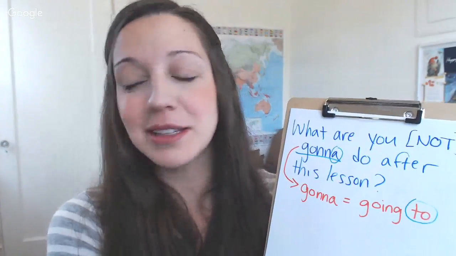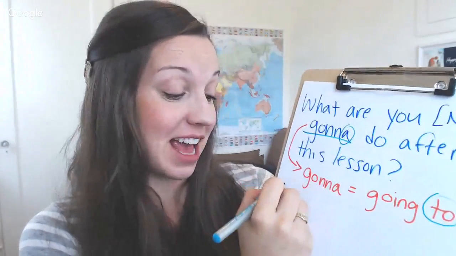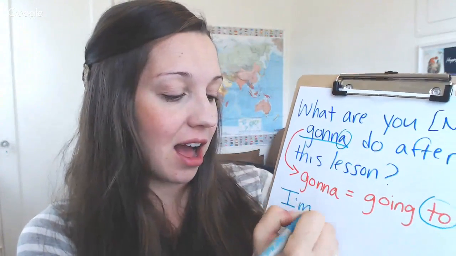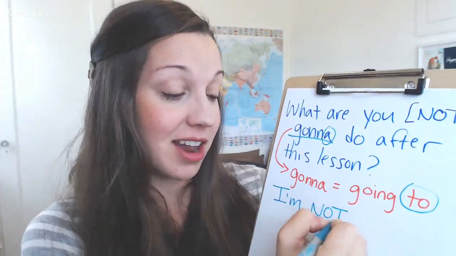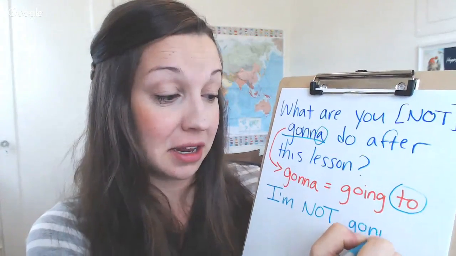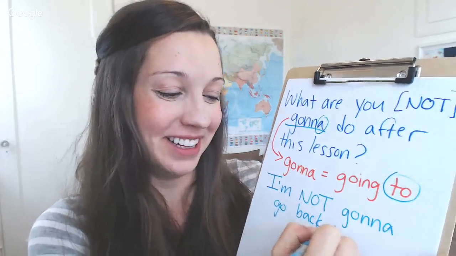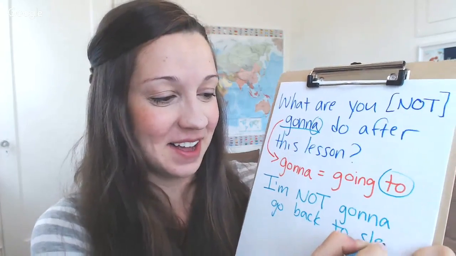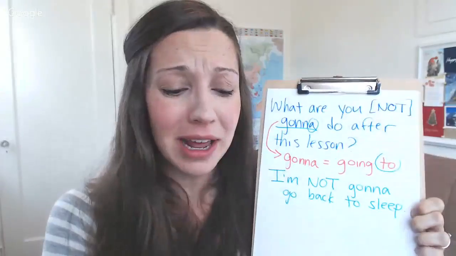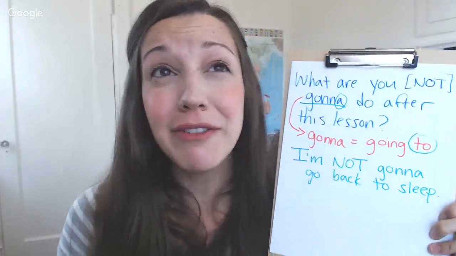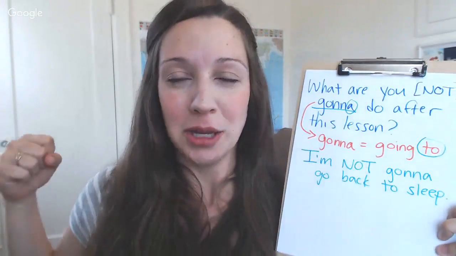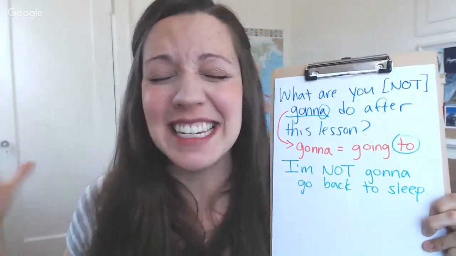For me, it's the morning, so I could say, I'm not gonna go back to sleep. I'm already awake, it's the morning, I'm probably gonna eat breakfast, I'm gonna take a walk, start my day.